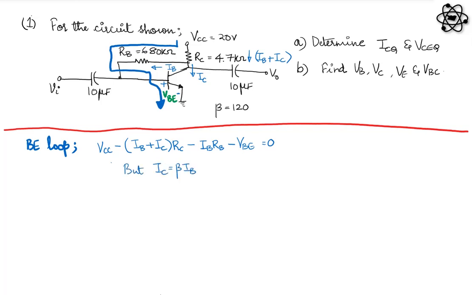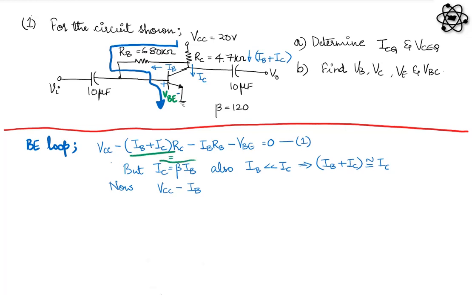But IC is equal to beta times IB, and the value of IB can be considered to be very much lower than that of the collector current. So now I can compute the value of IB as VCC minus VBE divided by RB plus beta into RC.